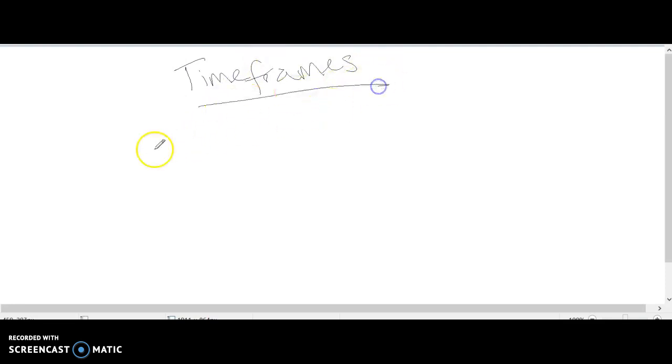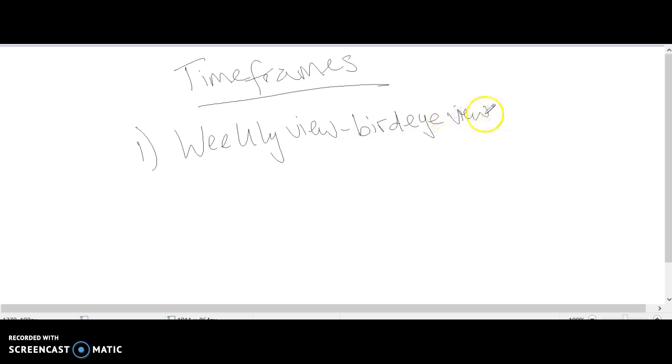Okay, so as mentioned, we look at the weekly view. This gives us a bird's eye view of the chart. We then dip down to our daily view.